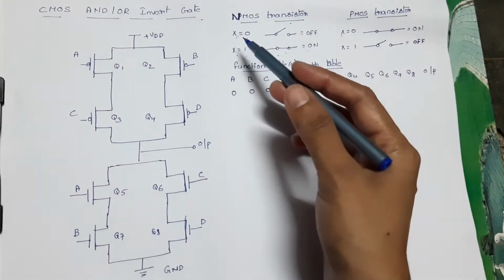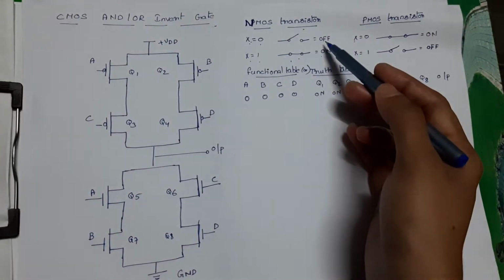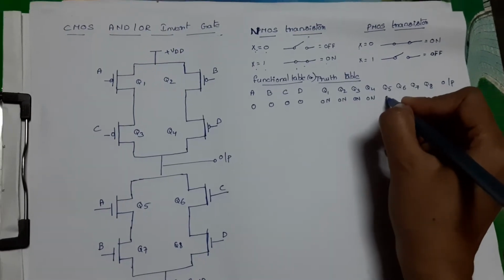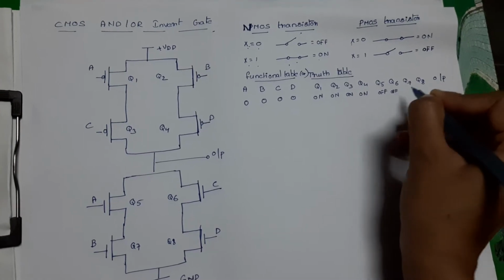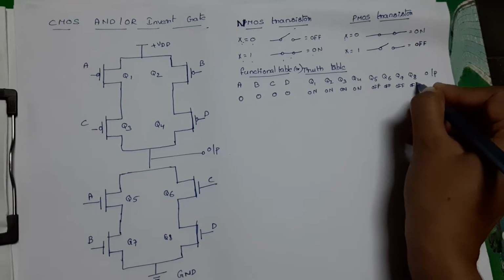So with input X equal to 0, the transistor is off. So we can say that Q5 transistor is off, Q6 is off, Q7 is also off and Q8 is also off.